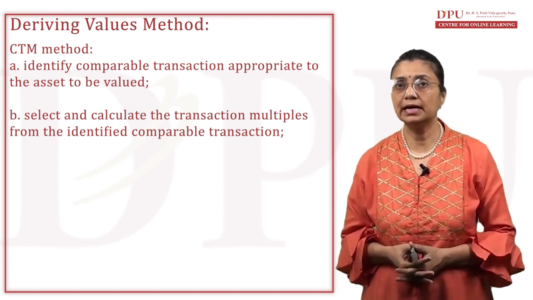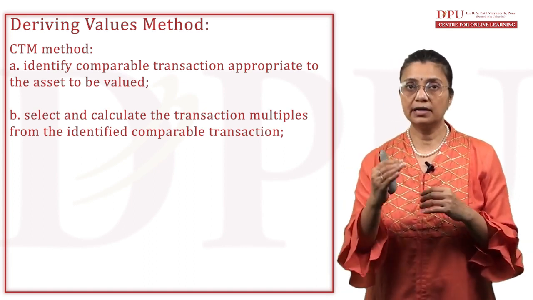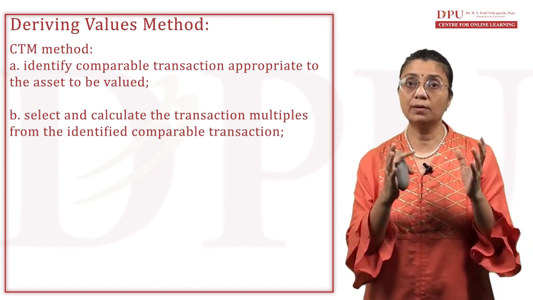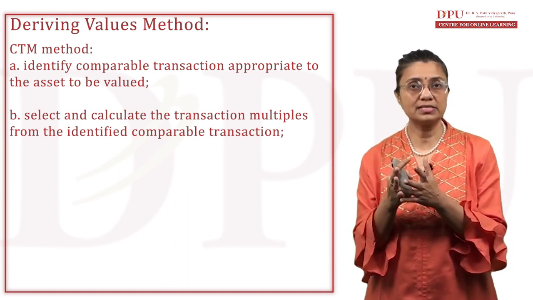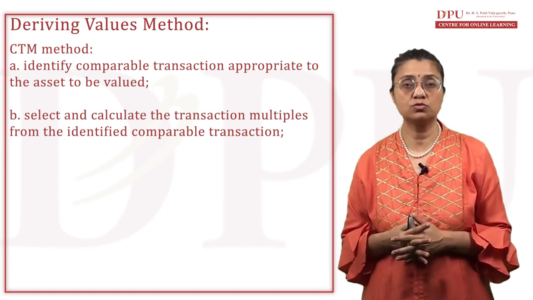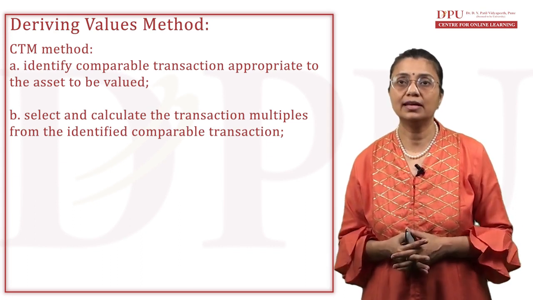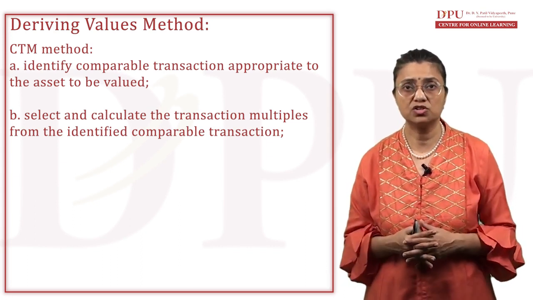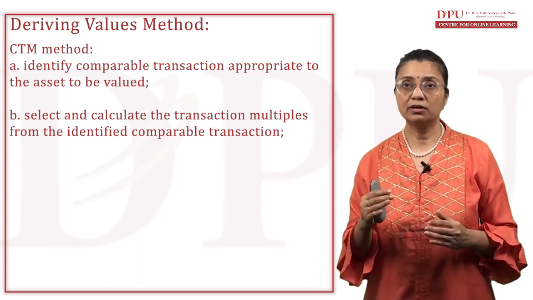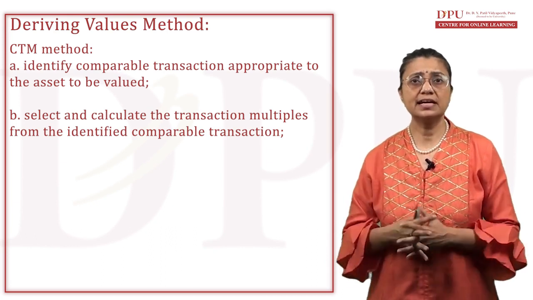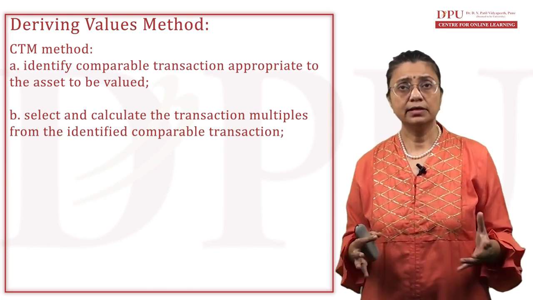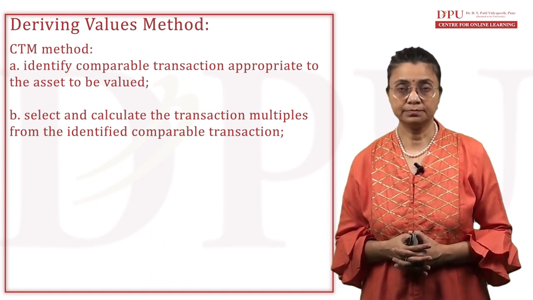Here the idea is that we are trying to deduce the value on the basis of some old transactions or some old values, and on the basis of those comparable transactions, I am trying to put a value over there. Let's take one example to understand better what the deriving values method is.